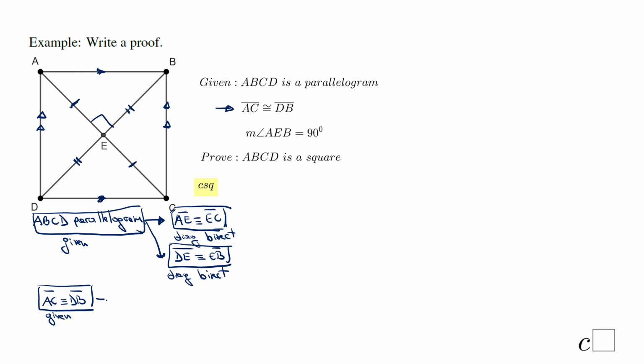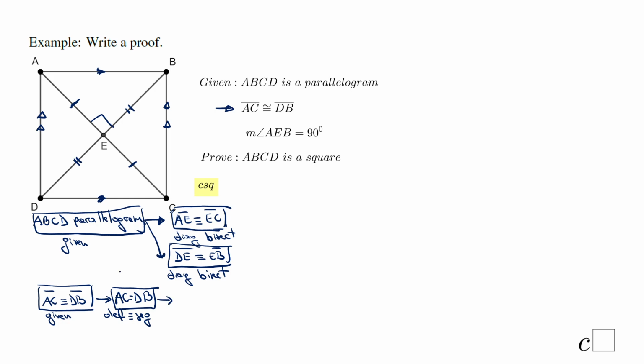In fact, the first thing I'm going to say here is if they are congruent, they have the same measure, right? AC equals DB, which is the definition of congruent segments. They have the same measure.